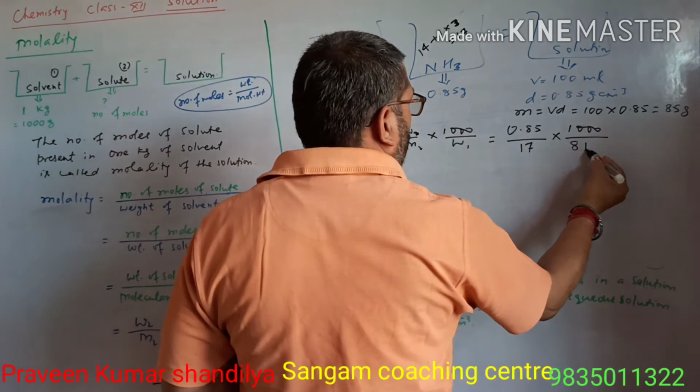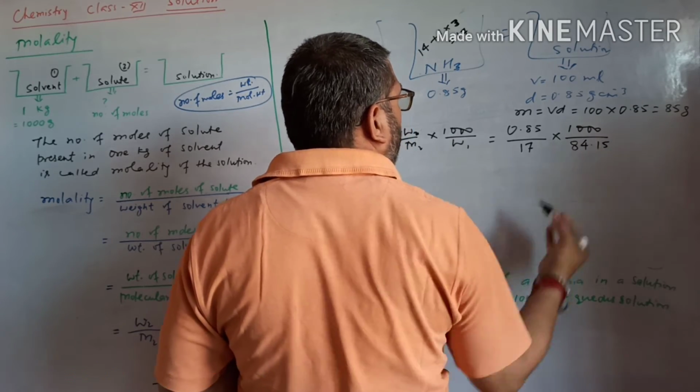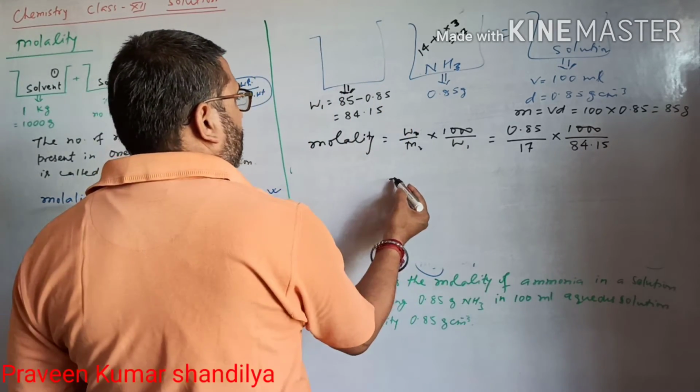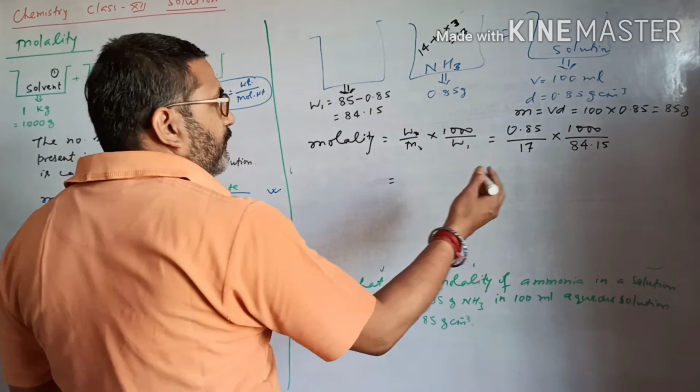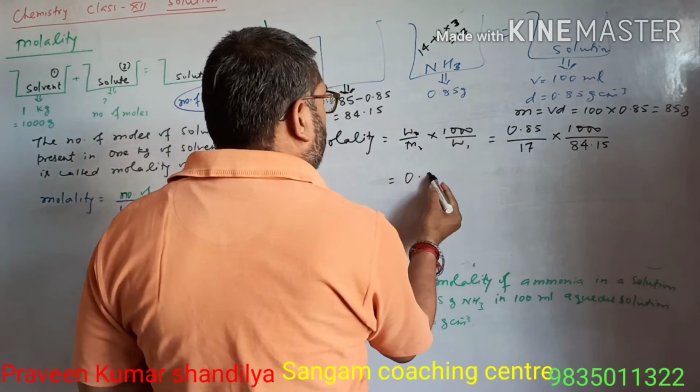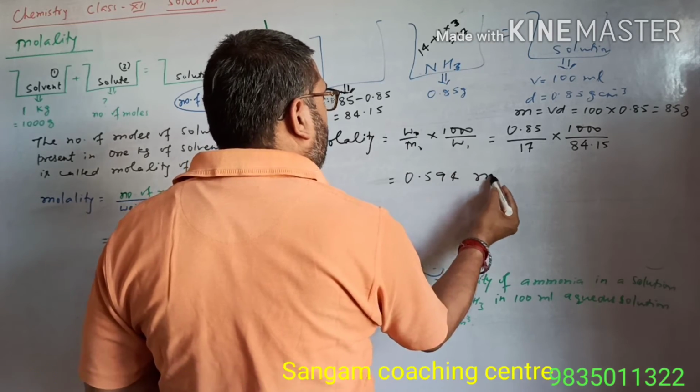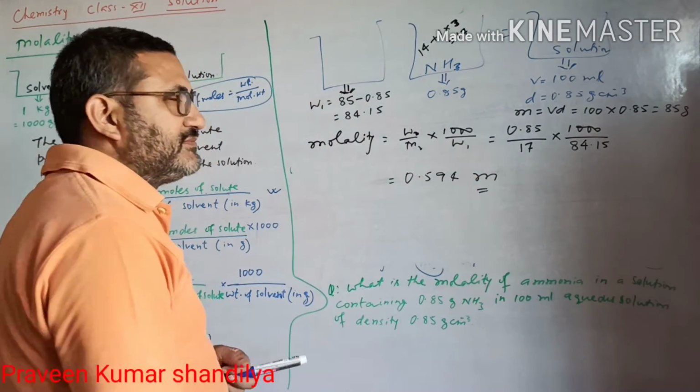Thus we note here 84.15. Then we can calculate. After calculating, we get 0.594 N. This is our answer.